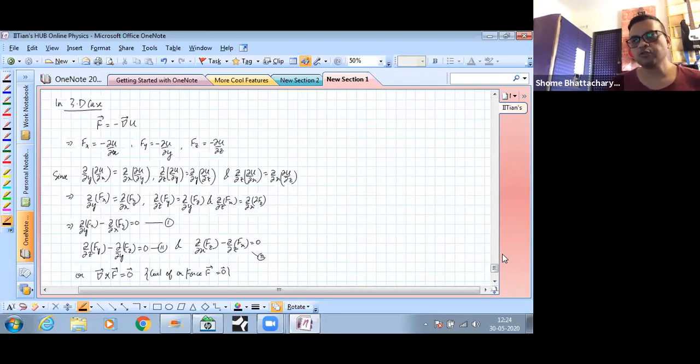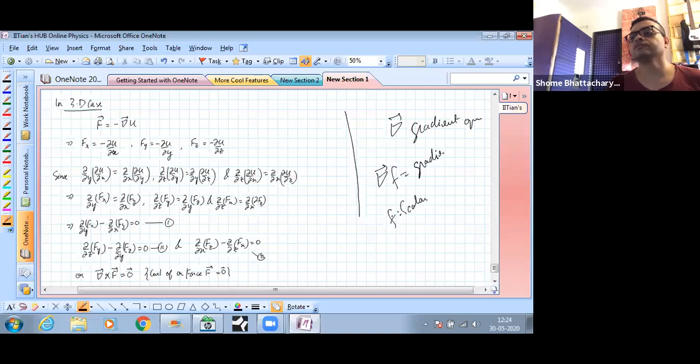Curl is just a name, beta, because basically, this is called the gradient operator. Okay. When this applies to a scalar quantity, it is called gradient of the scalar. So it makes it a vector quantity whose each component is gradient along that direction.